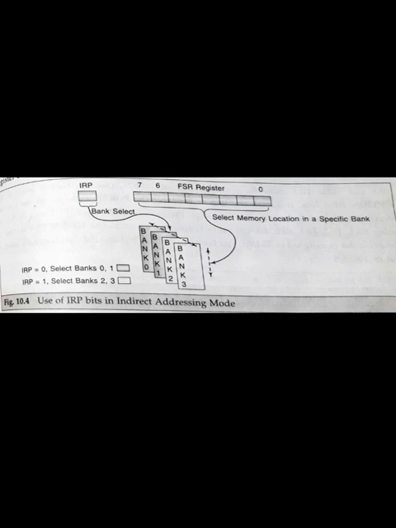If IRP is 1, then the next two register banks, that is bank 2 and bank 3, are selected.